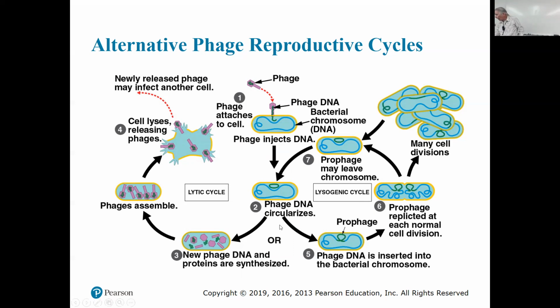Or the phage DNA is incorporated into the bacterial chromosome. It's replicated with each replication of the bacteria. These genes are passed along and just stay in the bacteria forever, and it may never do anything. But eventually it might enter a lytic cycle and kill the cell.